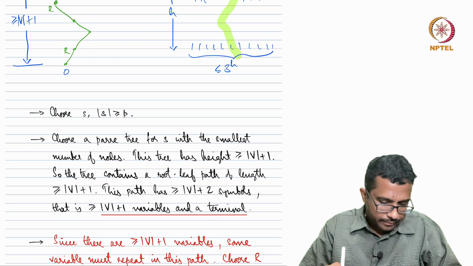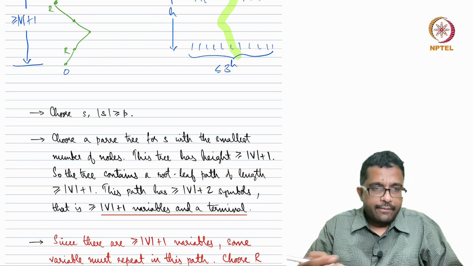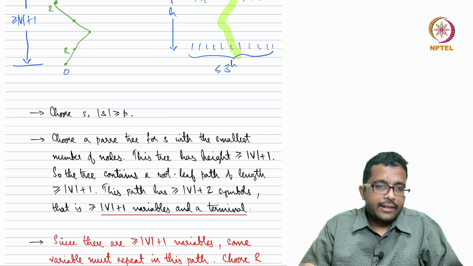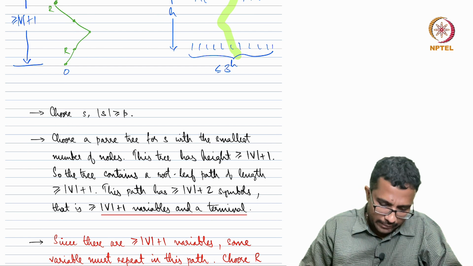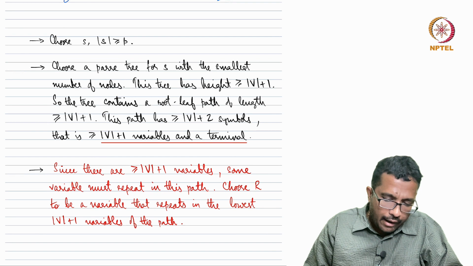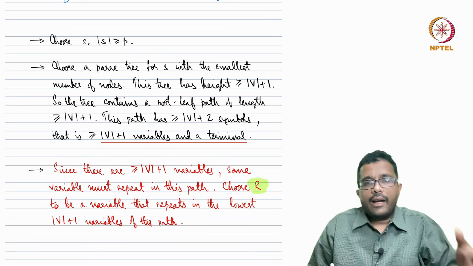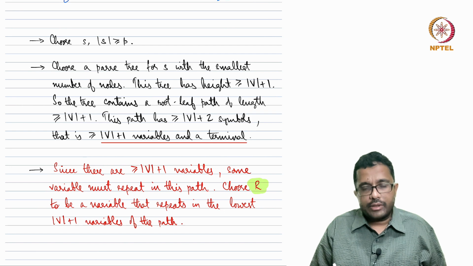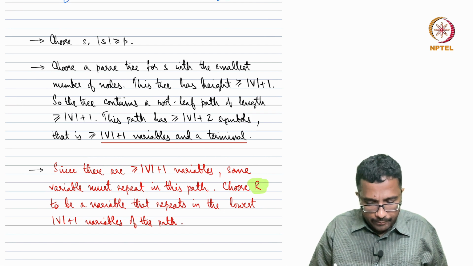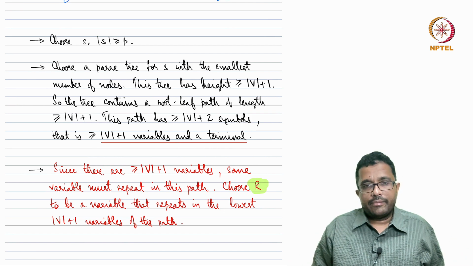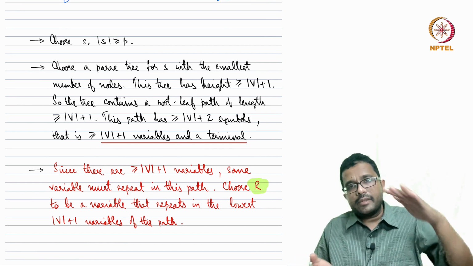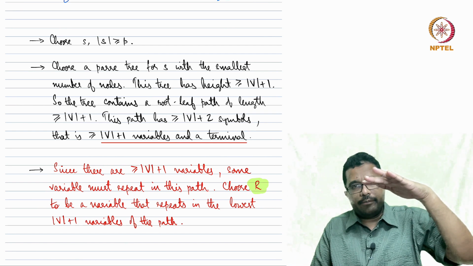Which means that at least one variable should be there that appears more than once. And let r be that variable. So let's pick r to be such a variable that appears more than once. If there are multiple such variables, you look at the bottom of the tree.